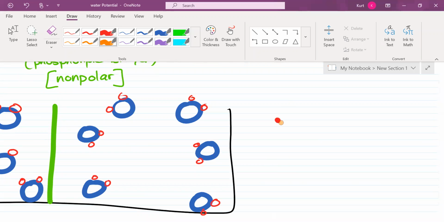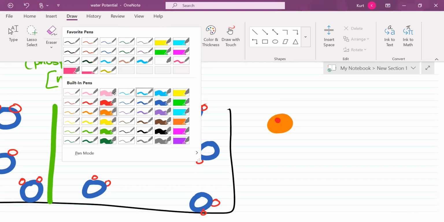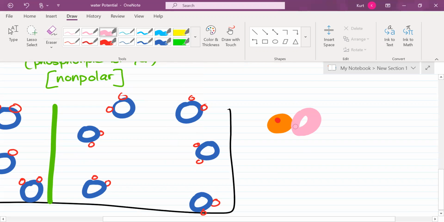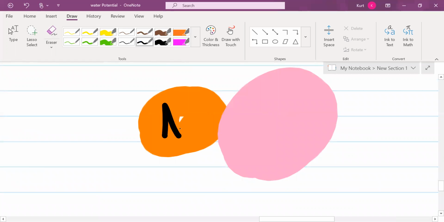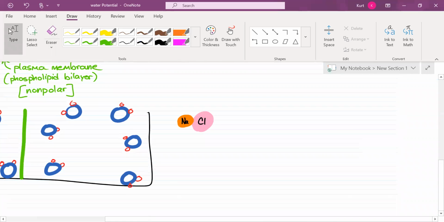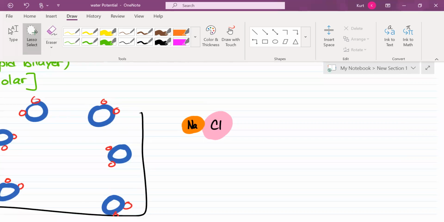Now, for those of you that have not taken chemistry, here's a little crash course. This is sodium chloride, NaCl, table salt. Now, what I'm going to do is place this into the water.